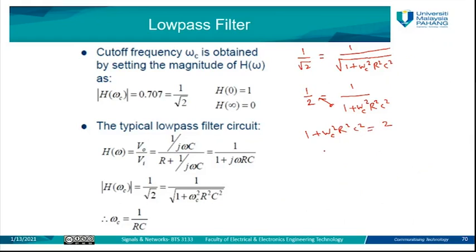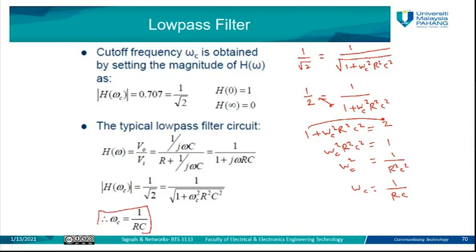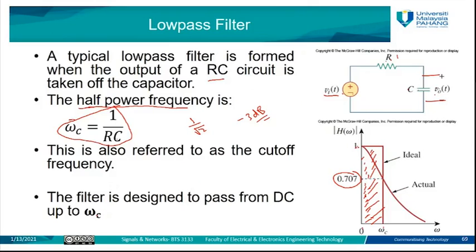Then omega C squared R squared C squared equals 2 minus 1, which is 1. Then omega C squared equals 1 over R squared C squared, or omega C equals 1 over RC. So this is how we can prove that omega C is equal to 1 over RC.